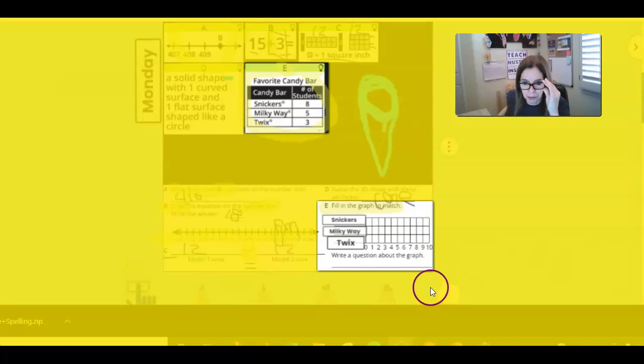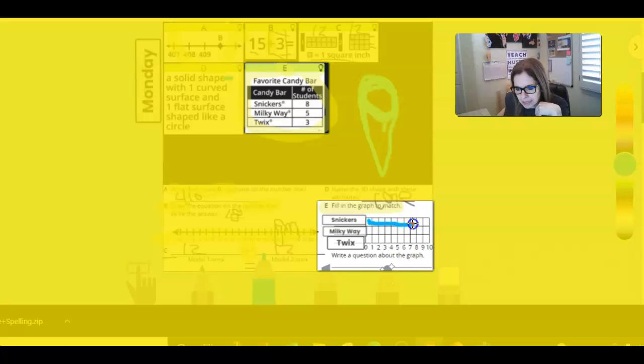So you notice that I put the names from the table up on my graph because when I build my graph, I'm not just going to color it in. I need to know what you're showing me. All right? And then I see that on the table, it says we have 8 students that liked Snickers bars.